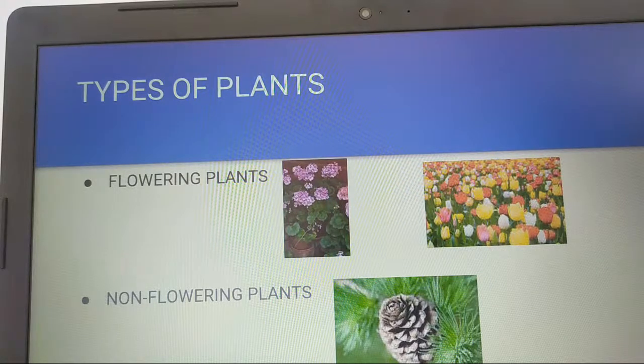Example, rose, lily, bougainvillea, etc. Then, what are non-flowering plants?